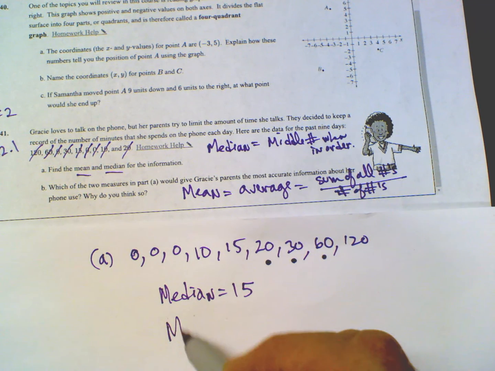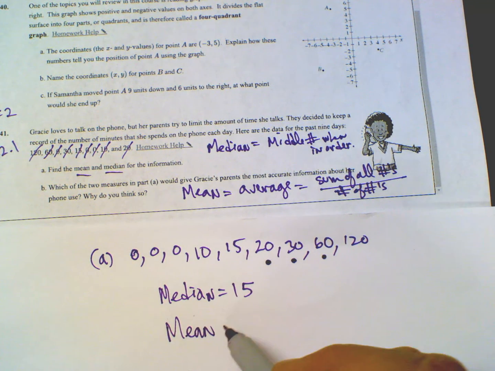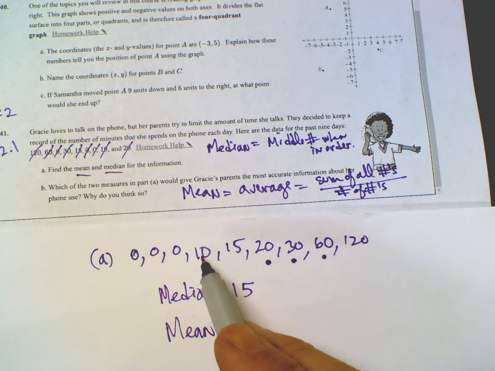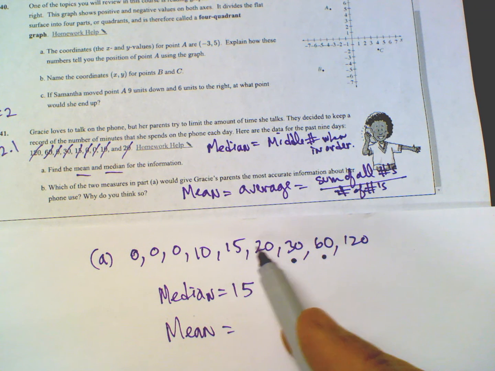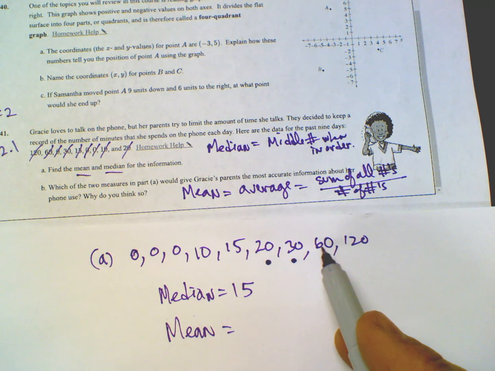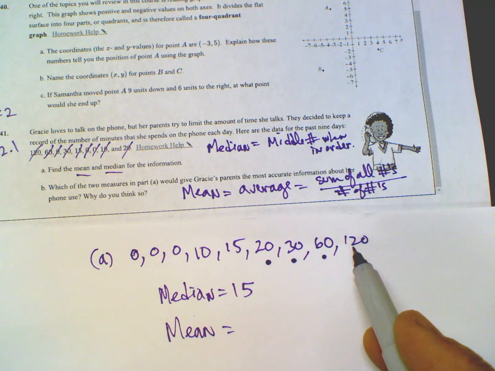How to find the mean? So the mean, remember, is the sum of all these numbers. So I'm going to add these up. So all those zeros add to be 0, then plus 10, plus 15, plus 20, so on and so forth. Let me do a quick add here.